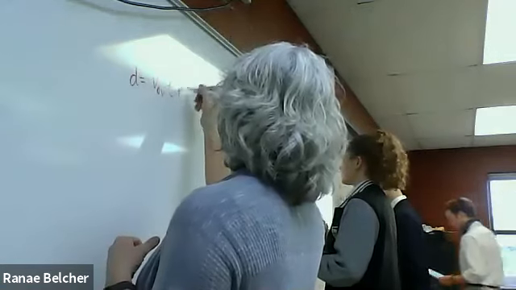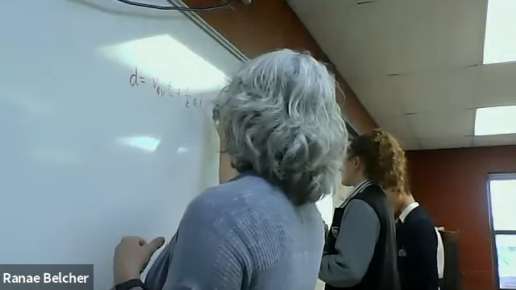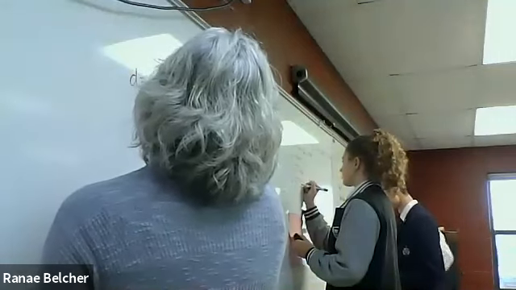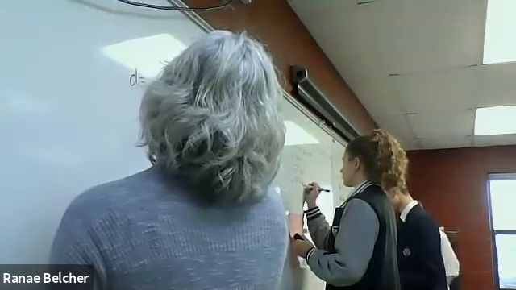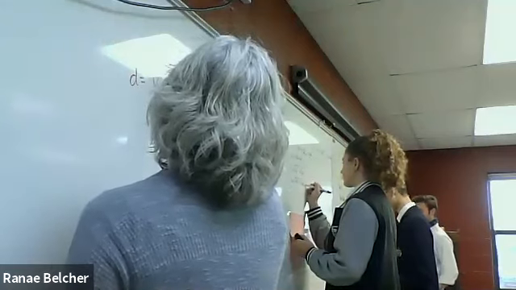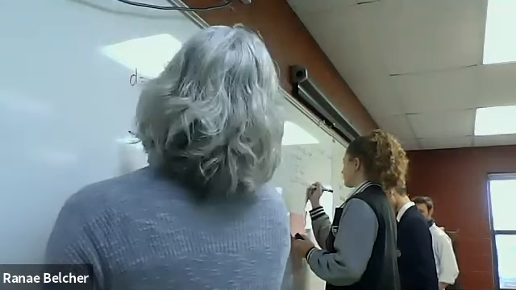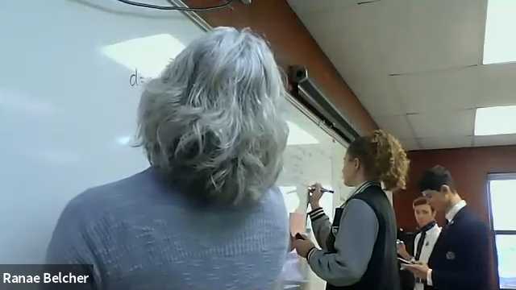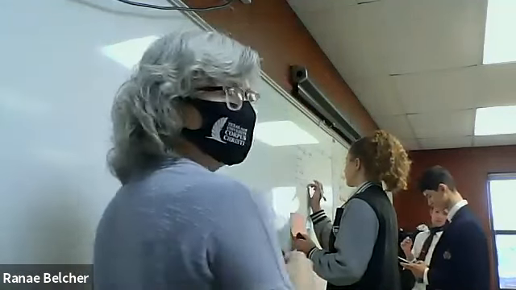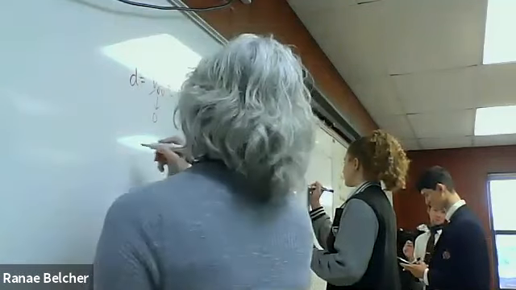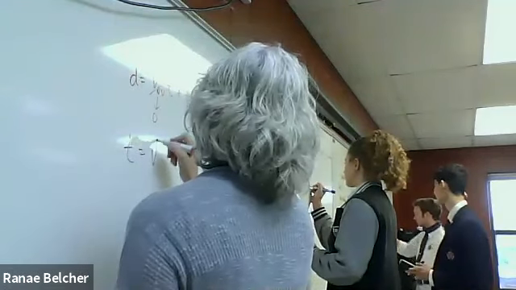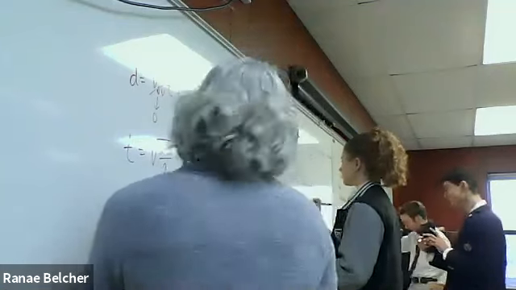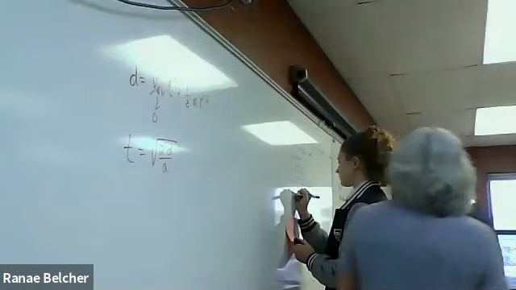You have D equals V O T plus 1/2 A T squared. This V O is 0. So this whole thing becomes 0. And you have your acceleration, so you can find your time with this. It's going to be 2D over A, where the D and the A are negative.